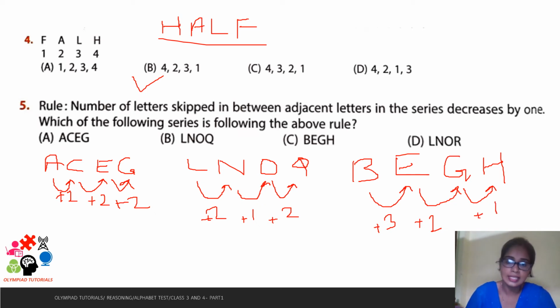So here you can see you have plus 3, plus 2, plus 1, which means this is a decreasing series, as they have told: the number of letters kept in between adjacent letters on the series decreases by 1. So this rule is being followed in the third option. So your option number 3 is going to be the correct option. Okay.